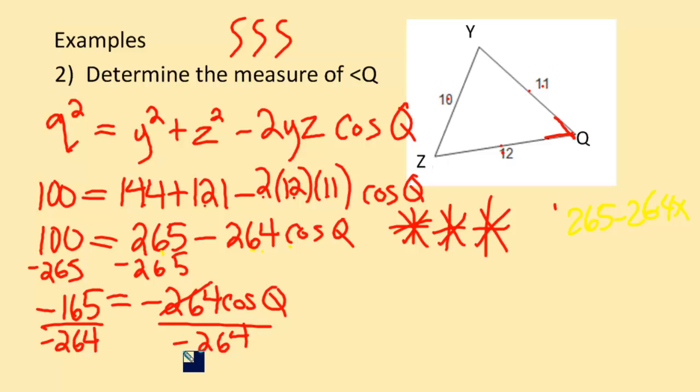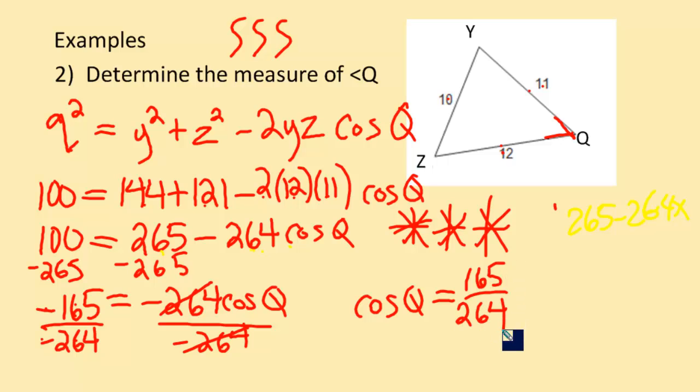If I do that, my equation now reads cosine Q equals this fraction. Now we have a negative over a negative, so that ends up being a positive. I'm going to therefore ignore those signs. I'm just going to call this 165 over 264.